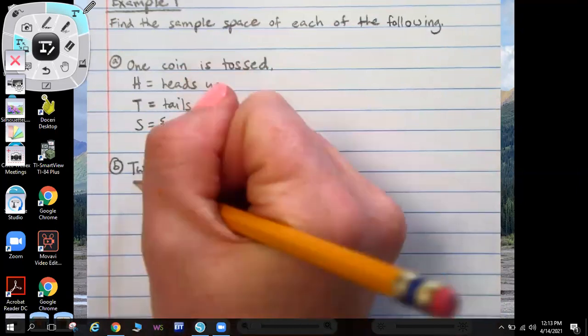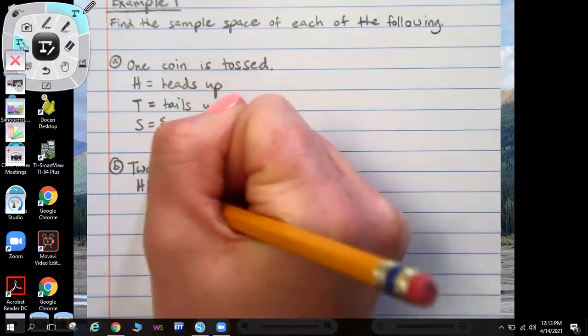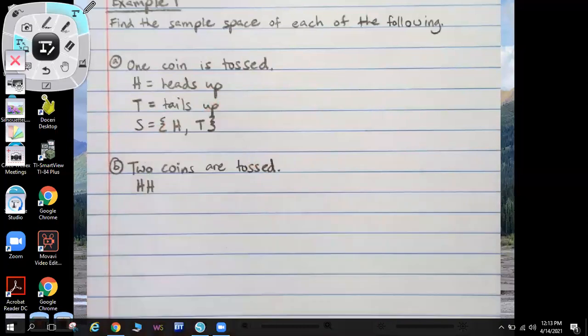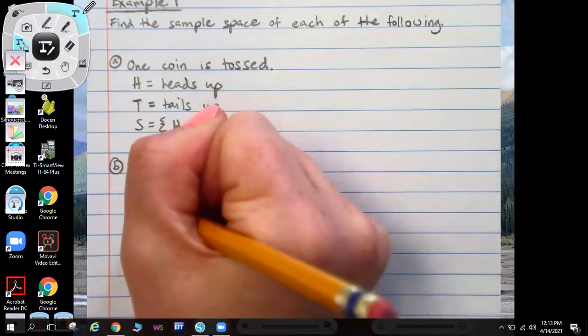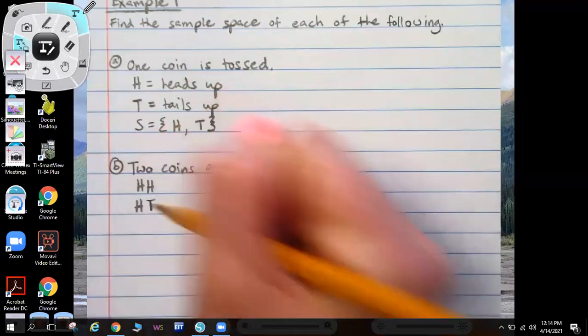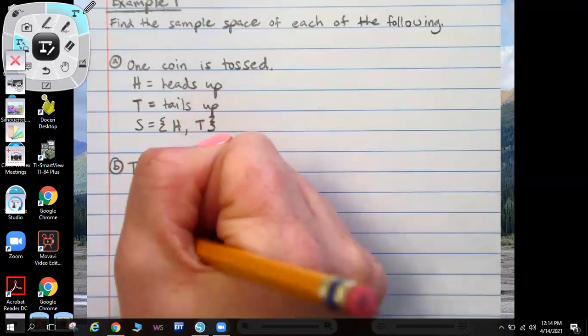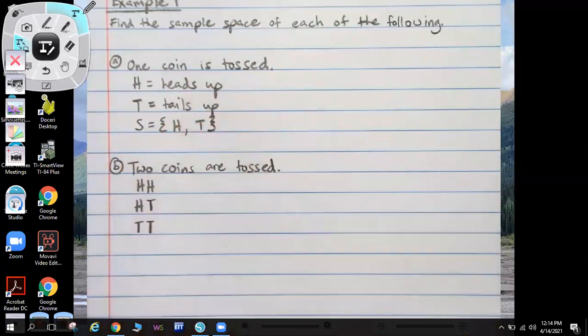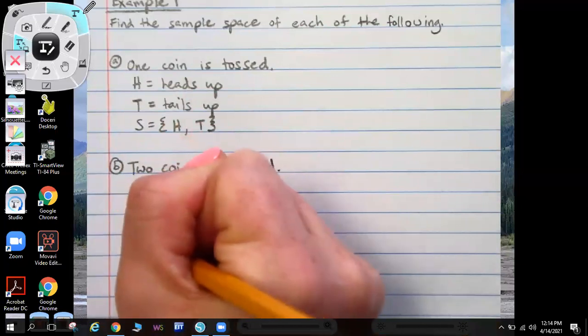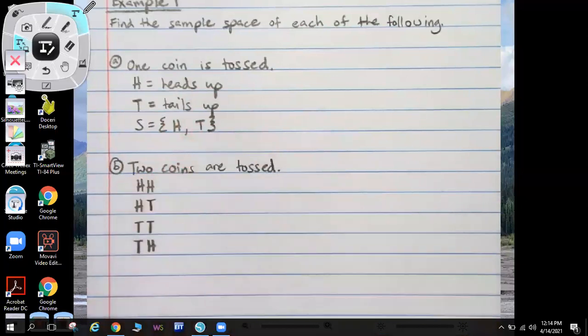We could have the first and second coin, both of them land on heads. We could have the first coin lands on heads, the second coin lands on tails. They could both land on tails. Or we could have the first one land on tails and the second one land on heads.